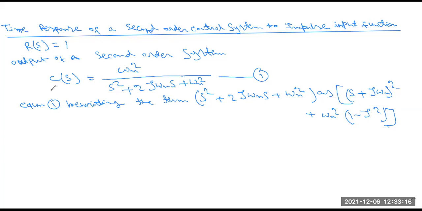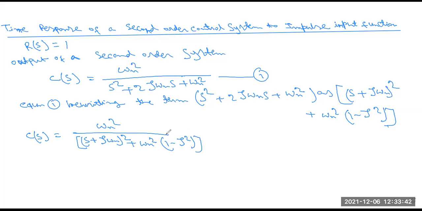Now this equation is coming, that is C(s) equals omega n square by (s plus zeta omega n) whole square plus omega n square into (1 minus zeta square). Now in the next line we have to separate these equations.